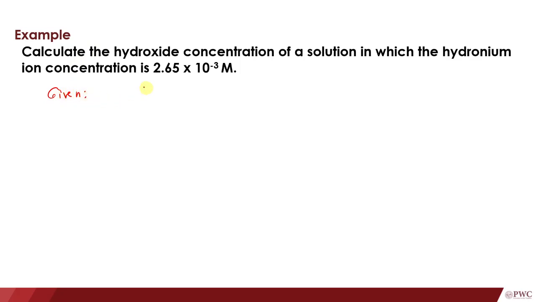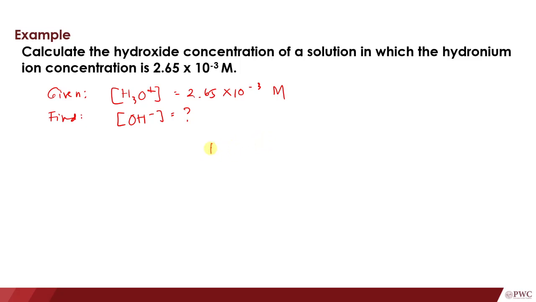The given here is the hydronium ion concentration, H3O+, equal to 2.65 times 10 to the power of negative 3 molar. And here we are asked to find the molar concentration of the hydroxide, the OH minus. That's to be found.